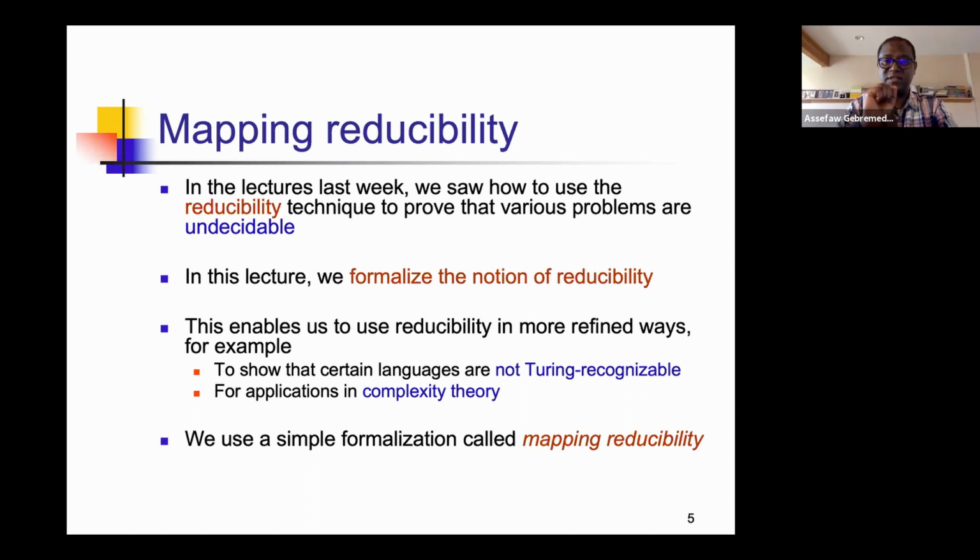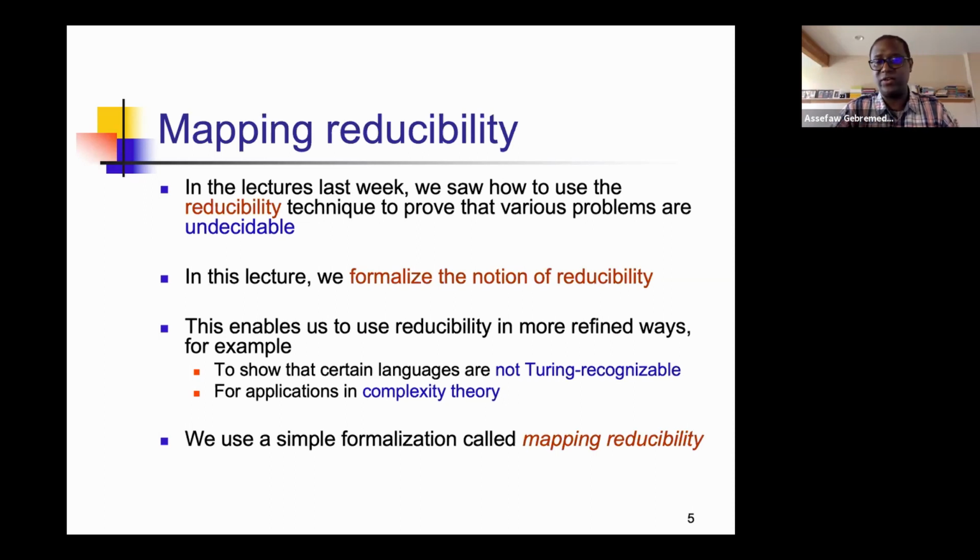One is that we have been using it for showing things that are undecidable, but we want to show it for things that are also not Turing recognizable. By defining it in this more nuanced, more refined way, we become able to show things like a not Turing recognizable language.